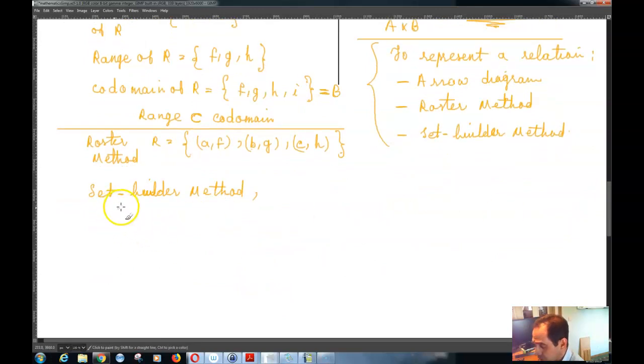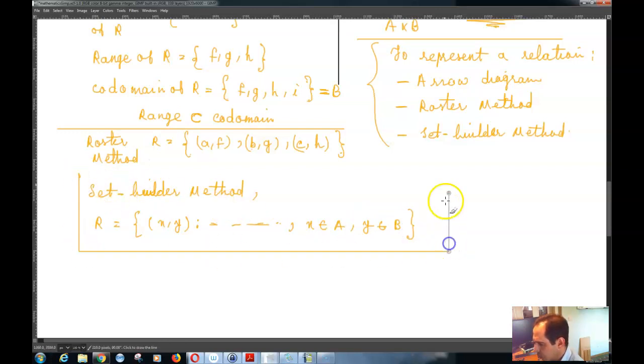For example, you would write R is equal to the set of all ordered pairs (X, Y) such that such and such relationship exists between X and Y, and X belongs to A and Y belongs to B. That would be the set builder method. So those are the three different ways to represent a relation: an arrow diagram, the raster method, and the set builder method.